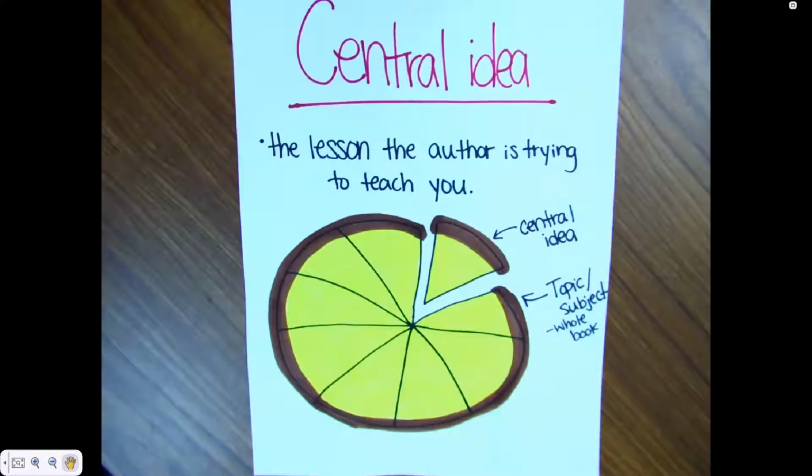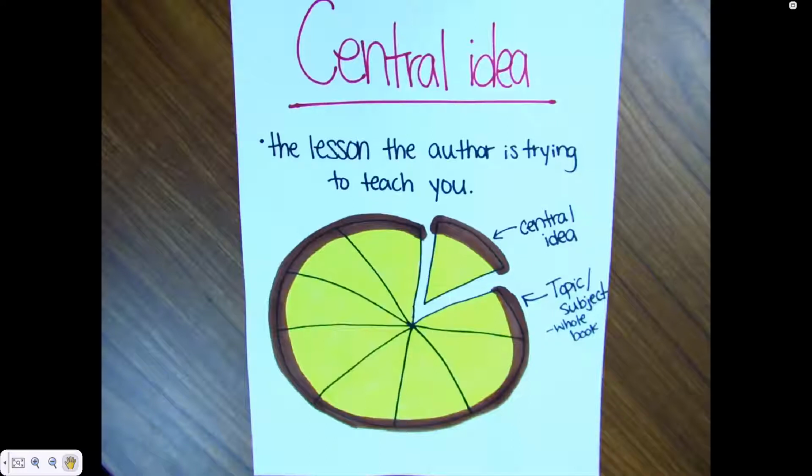We're not going to just have one central idea. But we may have a book, and Hippos is one of those books, that may only have one central idea because the book is so short.